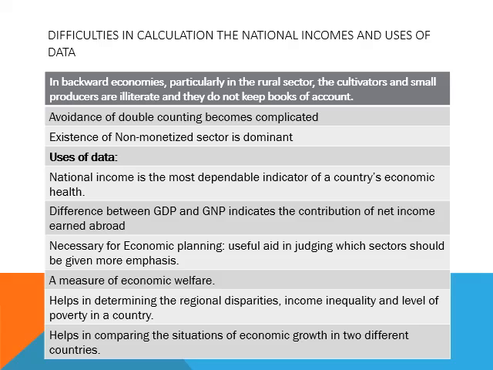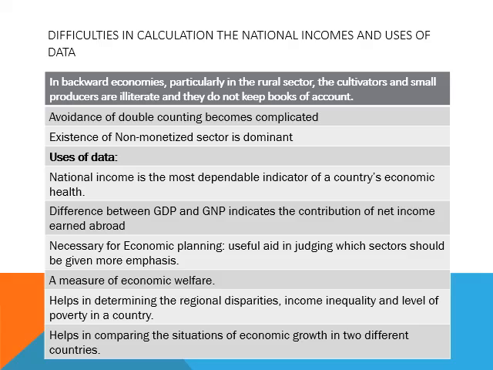Let's see the difficulties in calculating national income and the uses of data. Number one, in backward economies, particularly in the rural sector, the cultivators and small producers are illiterate and they do not keep books of account.